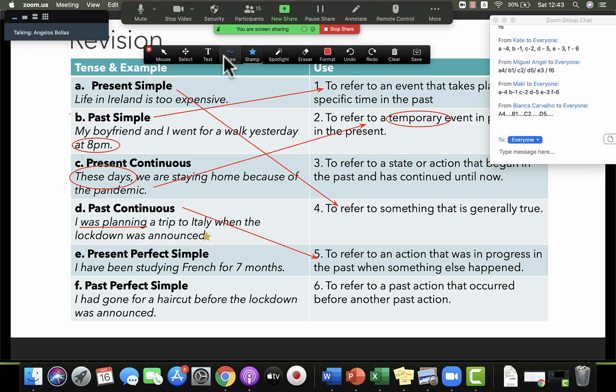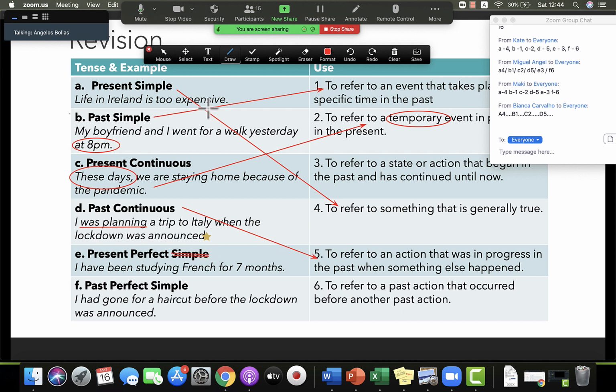And now we have E. It says present perfect simple. It is wrong, of course. The correct name of the tense is? Present perfect continuous.